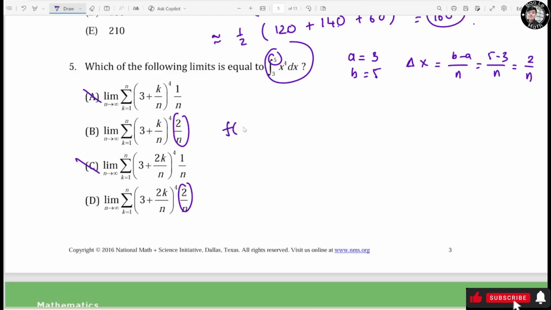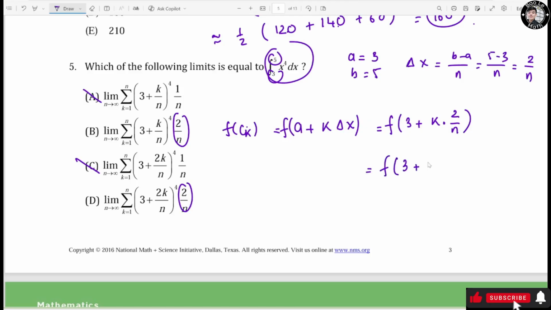So f of c i in this direction is k, so let's replace this one with k. It's going to be a right here, a equals 3, so it's going to be a plus k times delta s. So it's going to be f of 3 plus k times 2 over n, so f of 3 plus 2k over n.